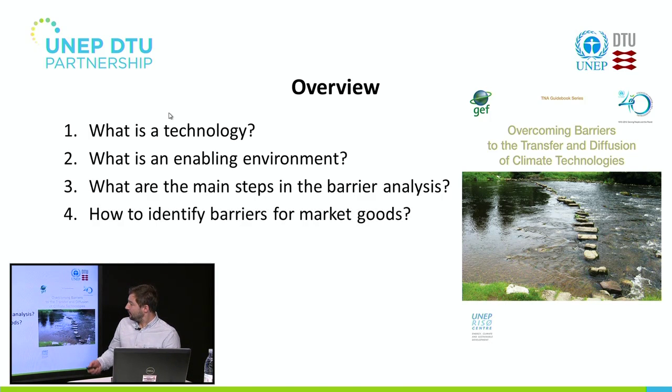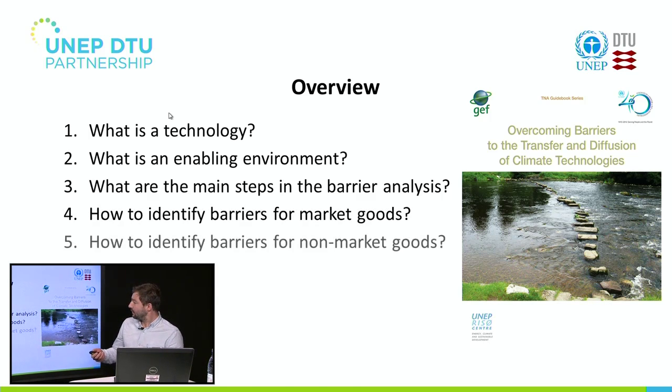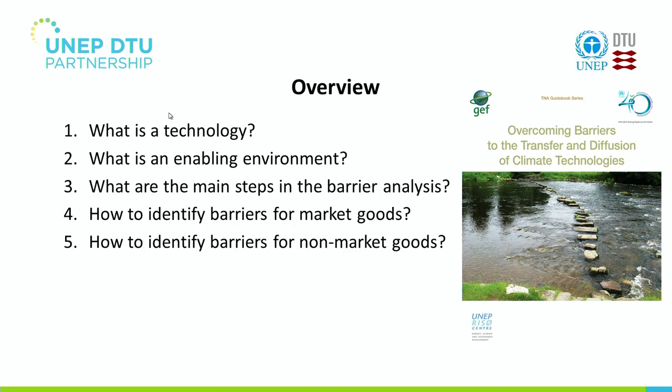After this, we'll first focus on how to identify what we call barriers for market goods. And after this, we'll turn to how to identify barriers for what we call non-market goods. And finally, we'll address the question of how to identify measures to overcome the barriers that have been identified.